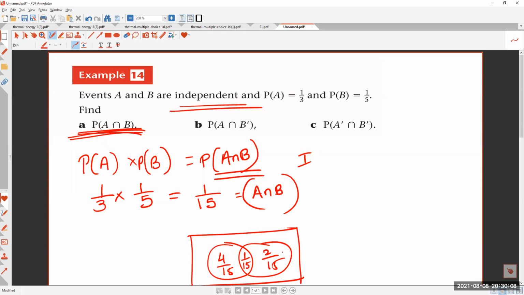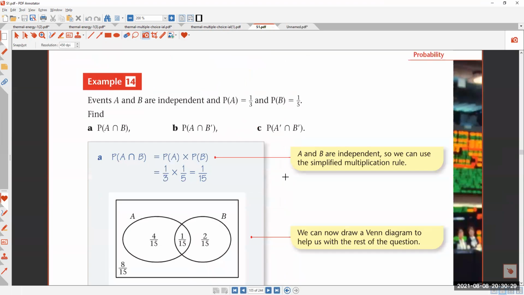So is this done? If we add everything, the answer should be 1. So 4/15 plus 1/15 plus 2/15 is 7/15. 1 minus 7/15, the answer 8/15 will be outside. 8/15 is outside. Now does it match with our textbook or not? Yes, everything is matching. 2/15, 4/15.